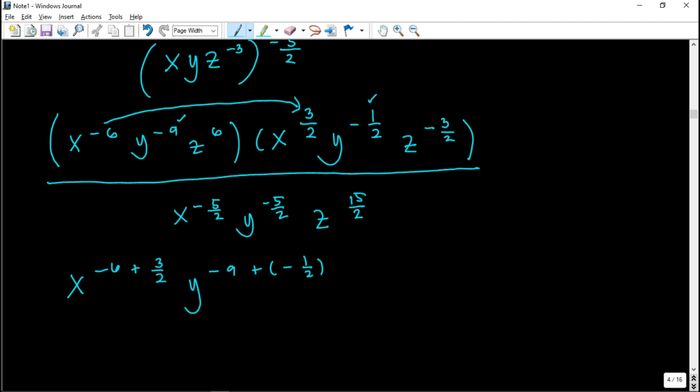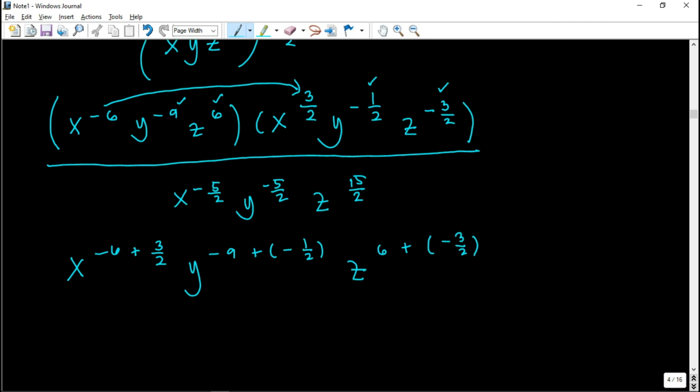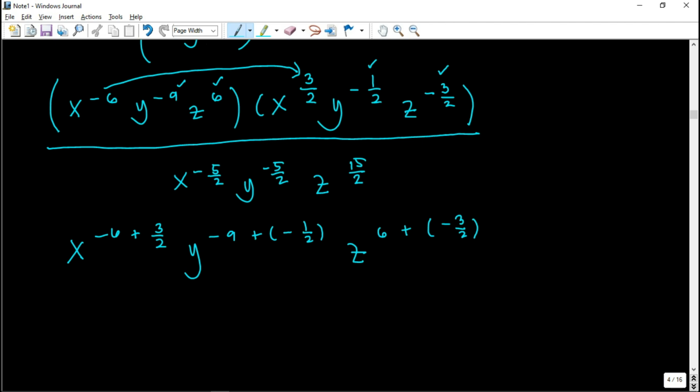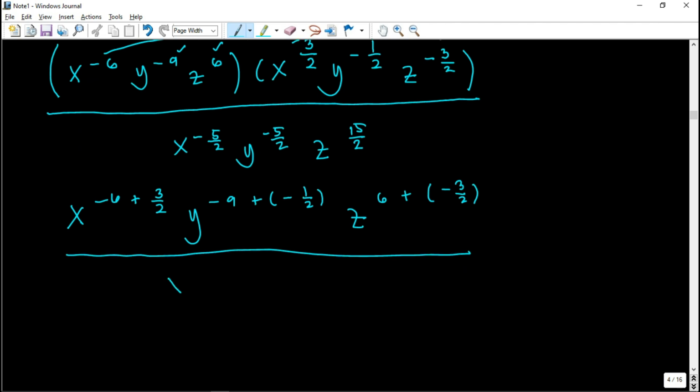Then for z, that is 6 plus negative 3/2. All over x raised to negative 5/2 times y raised to negative 5/2, then z raised to 15 halves.